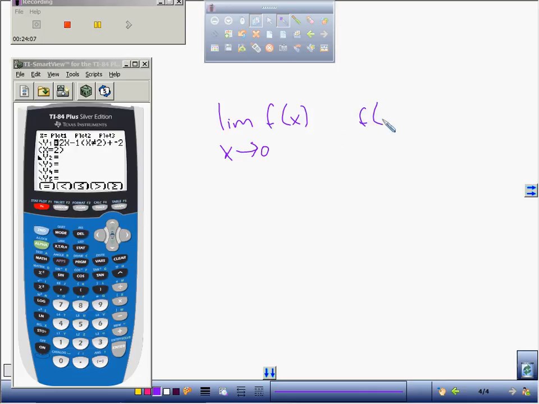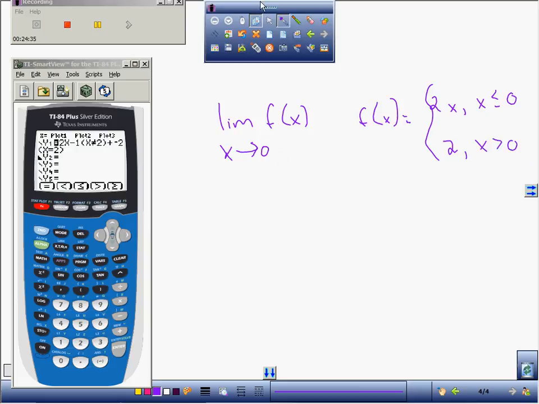Where f of x is equal to another piecewise function. 2x for x is less than or equal to 0, and it's equal to 2 if x is greater than 0. So if I were going to graph this function, let's see if I can do that.